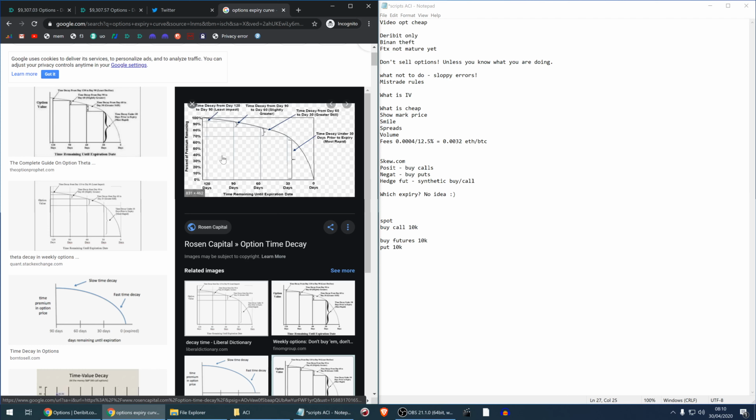If you think it's going to pump short term, then buy a short term call option. If you are looking for a long-term position, just go towards the September or December ones.